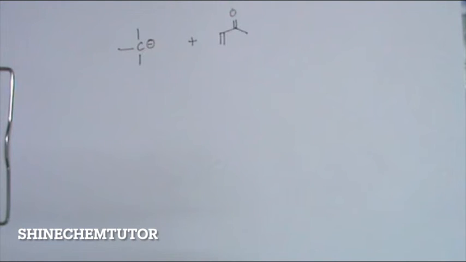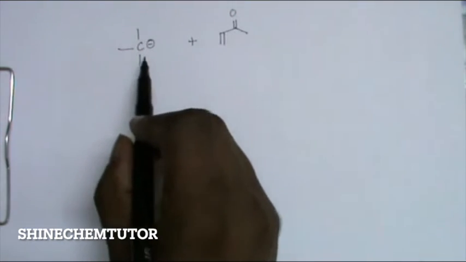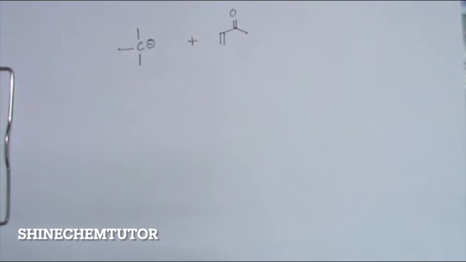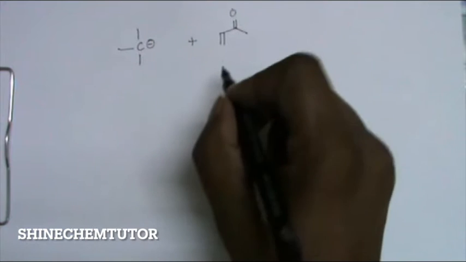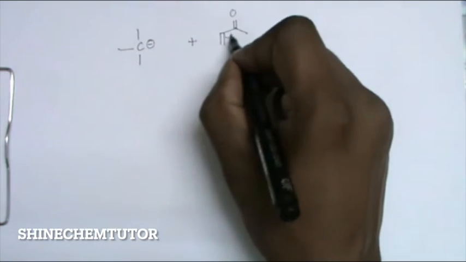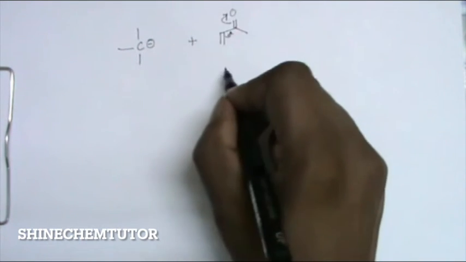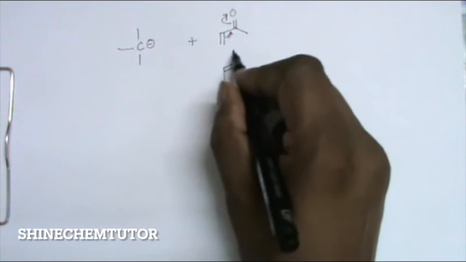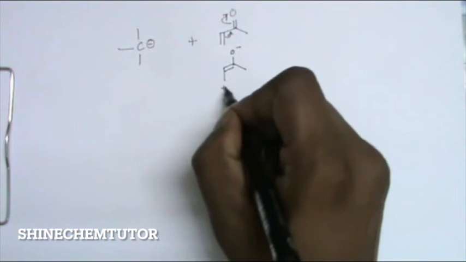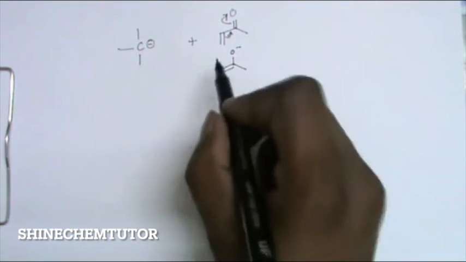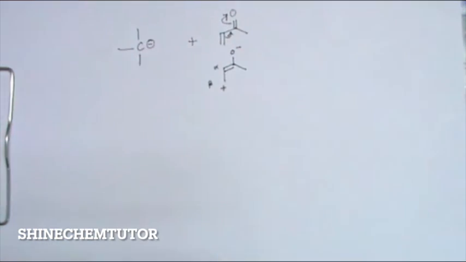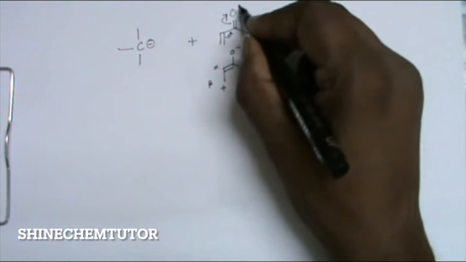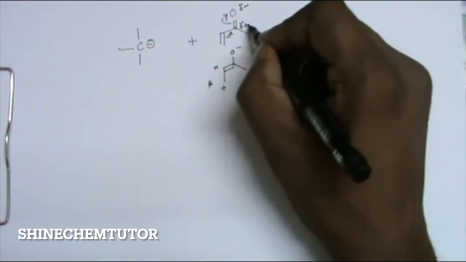Next one, the carbanion can be added to an alpha beta unsaturated system also. In the case of an alpha beta unsaturated system, we have resonance and we get a plus charge on this carbon. This is the beta carbon. Because of the inductive effect, we have delta plus on this carbon also.